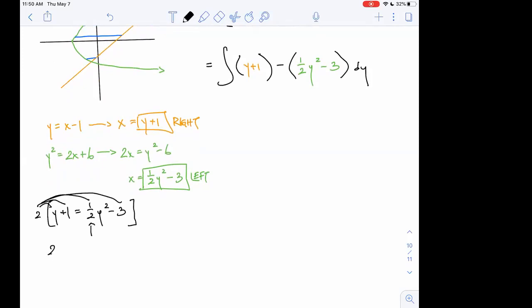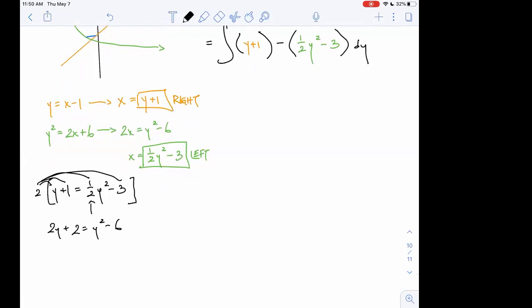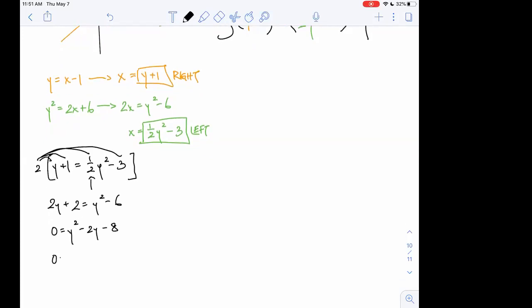So that gives me 2y plus 2 equals y squared minus 6. I'm going to move everything to one side and set it equal to 0: y squared minus 2y minus 8. That factors as y minus 4, y plus 2.